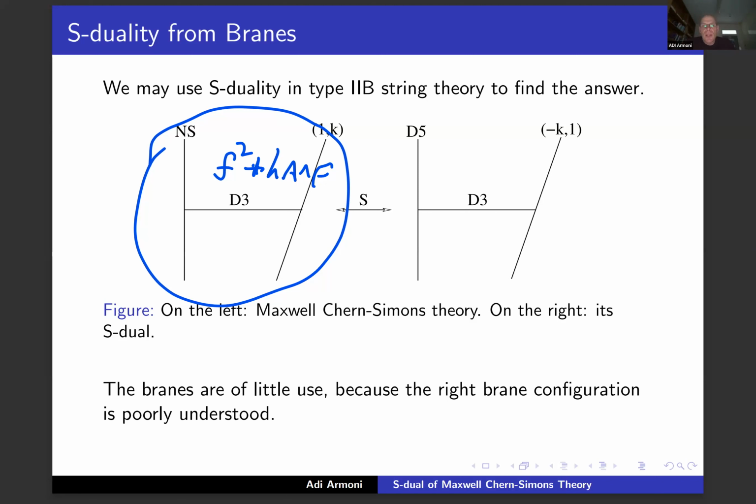So that's the idea: to find the S-dual of Maxwell-Chern-Simons and to learn something about string theory as a result. That's the plan of the talk.